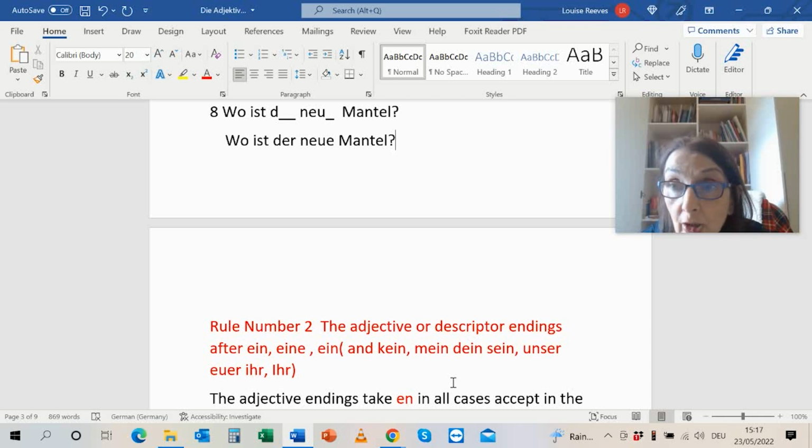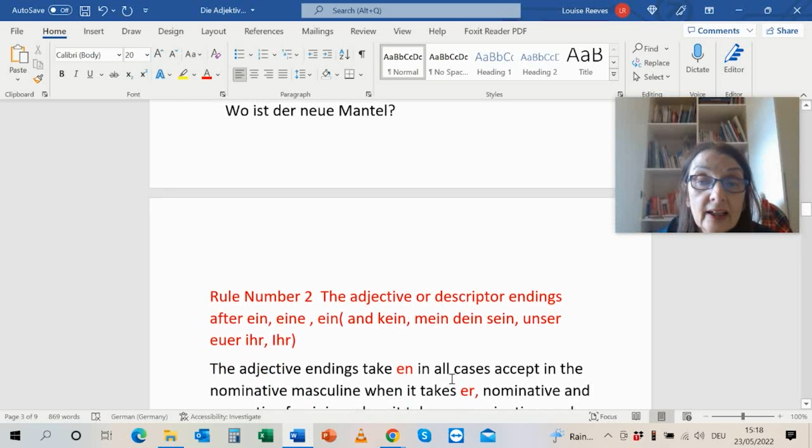All of those will follow this rule. This is the tricky bit, because in your exams you'll often have mein, dein, and sein, and that will trigger a memory in your brain about ein. But when you see unser, euer or ihr, that doesn't trigger any memory in your brain. So make sure that you have that as part of your revision.